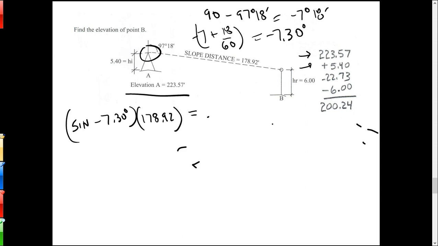It's 22.73. Okay, so you start at 223.57, you go up to the telescope at 5.40, then you drop by that amount right there, which is 22.73 based on the trig. Then you drop 6 more feet to get down to the ground, because what you want is the elevation on the ground. And you get to 200.24.